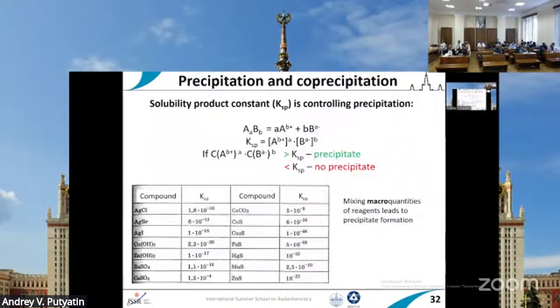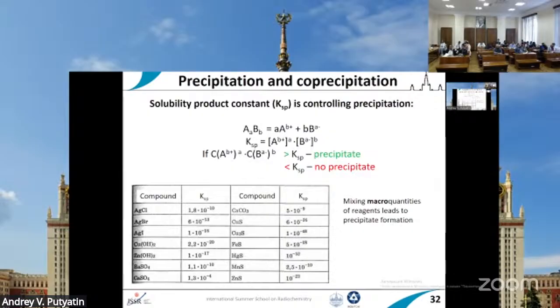So precipitation, we know from the chemical course, is possible only if our hardly soluble compound's cation and anion concentrations can form precipitates.